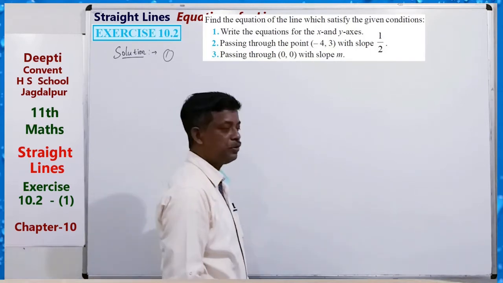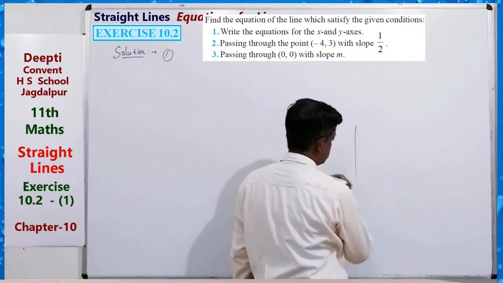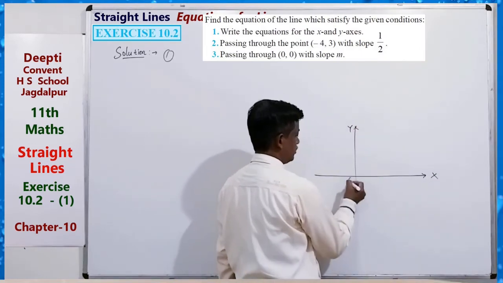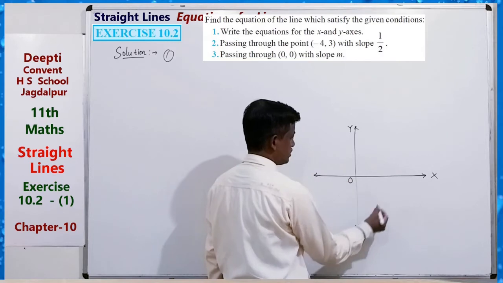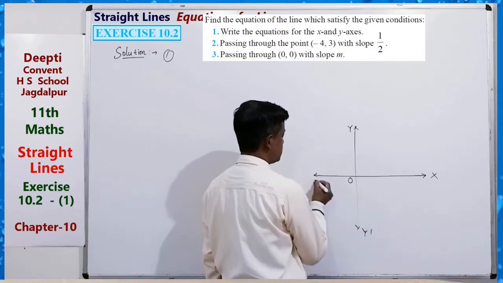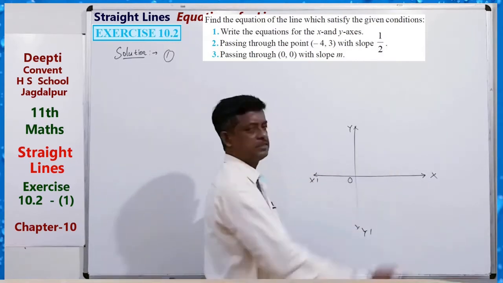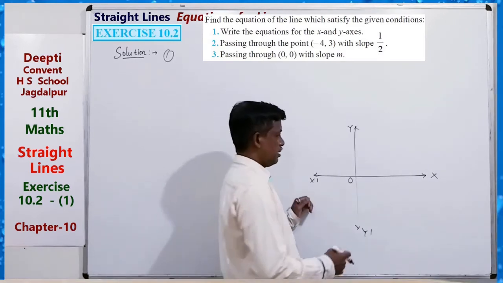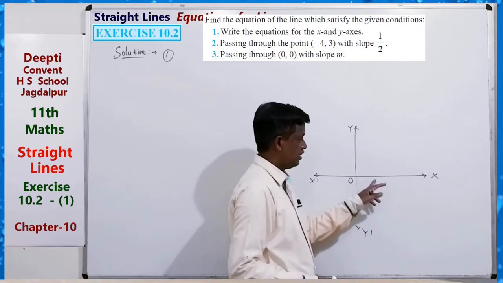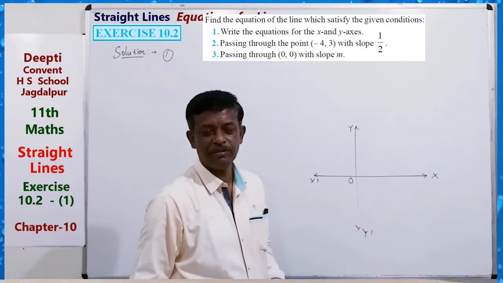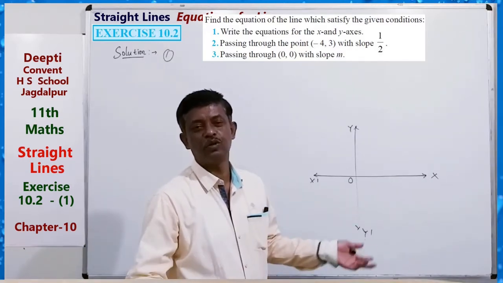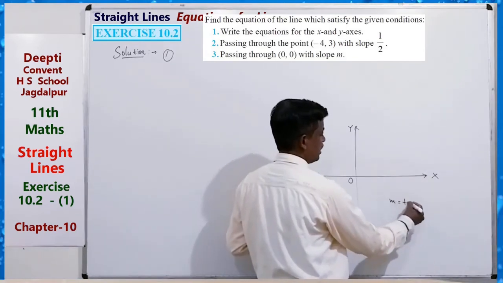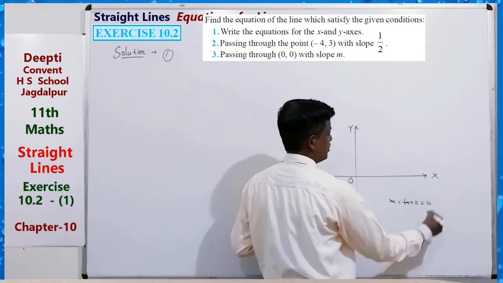For the x-axis, how can we write the equation of the x-axis and y-axis? If we see, this line makes an angle of 0 degrees with itself, so the slope is m equals tan 0, which is 0.